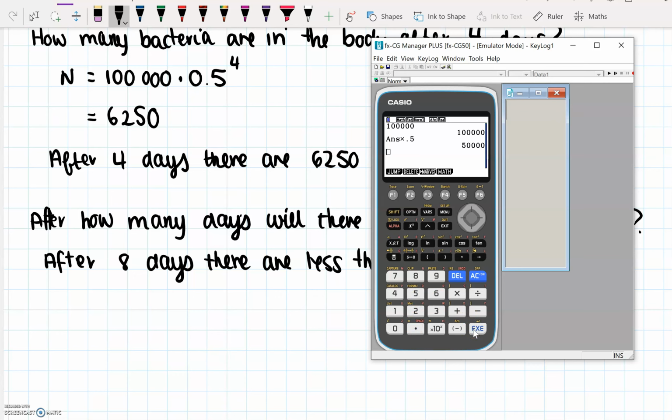And just keep pressing equals, counting how many times you do it until you have reached the value you're looking for. So that was 1 day, 2, 3, 4, 5, 6, 7, 8. At 8, we are under 500 bacteria left in the body. So after 8 days, we're under that. That's the strategy they want you to use for the moment. And that's it for exponential decay.